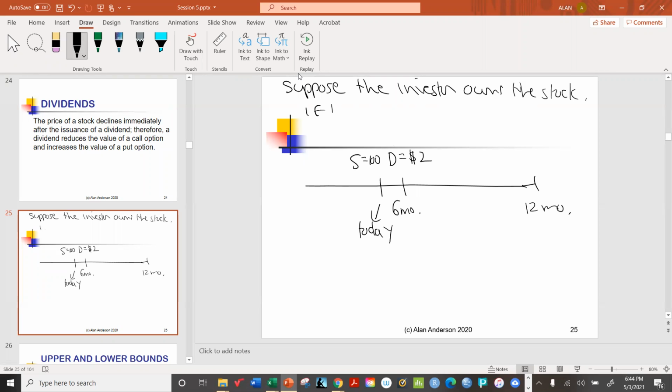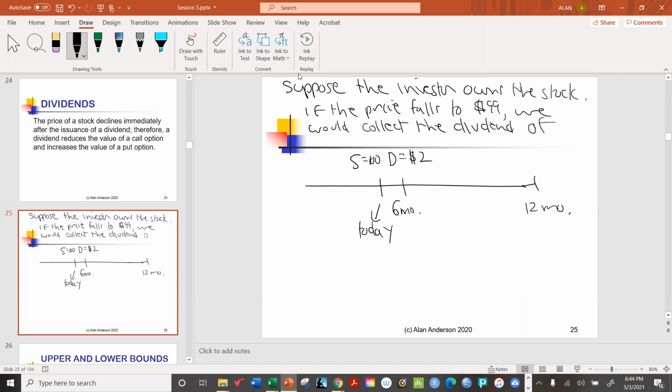If the price falls to 99, we would collect the dividend of $2 and sell the stock for 99, for a total of 101.